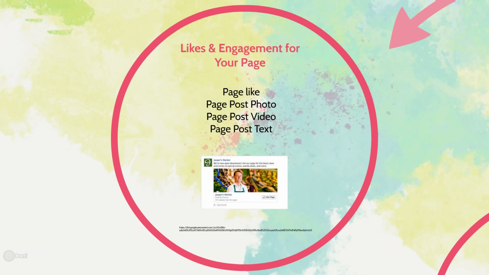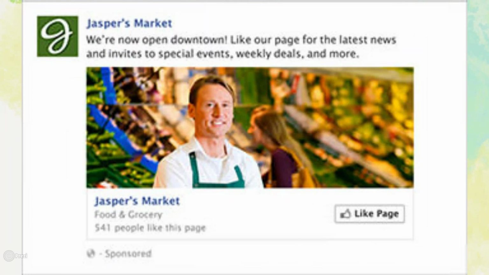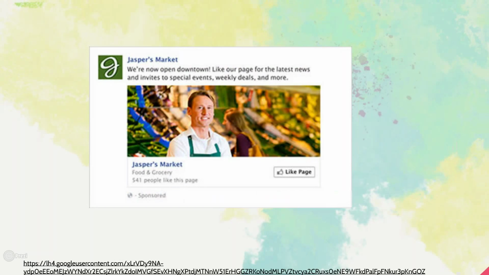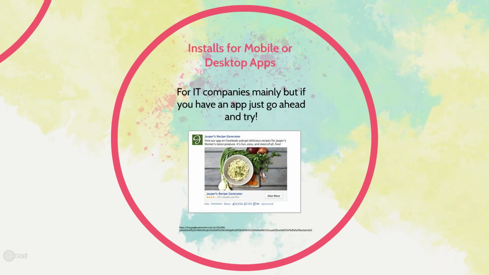Another type: promoting a post, promoting a page, promoting a video, photo. So people would see information about a page that they should like because of a reason. Of course, the most difficult part is to convince them why they should like the page, and obviously I can give you some advice later on how not to fail in this case.